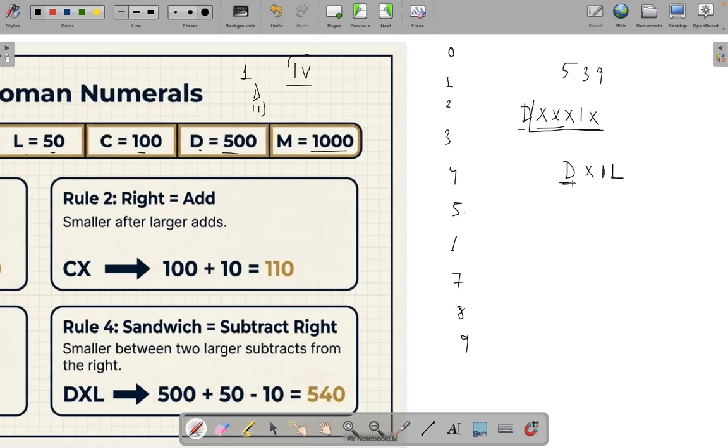So, for example, this is 500, and this is 50. Wait, what about this? This is 11. So you can subtract 11 from 50. 39, yes, 39, right? But this is not correct actually.